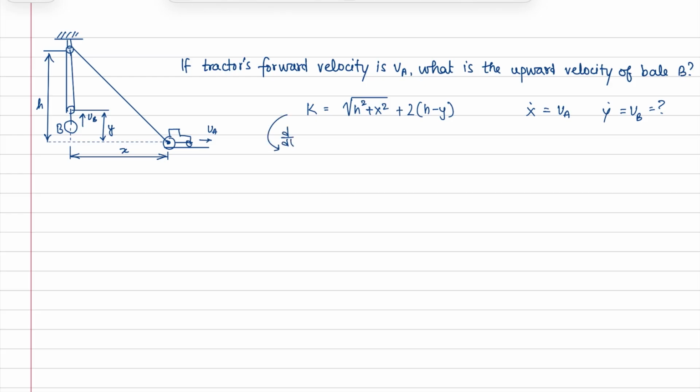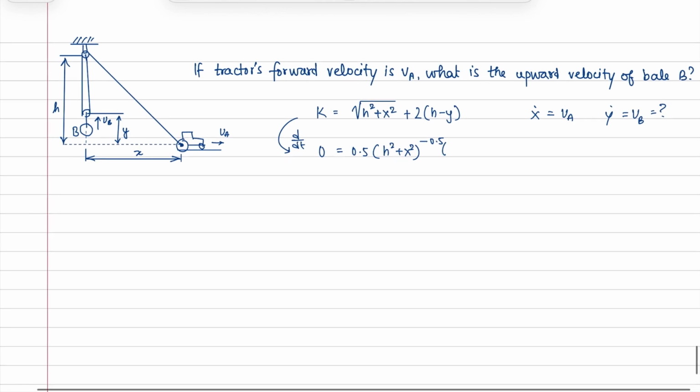So if we were to differentiate this, you get 0 is equal to, now this here is h squared, this is a constant, plus x squared, and x is a variable. So if I were to do this using the chain rule, I would get 0.5 times h squared plus x squared raised to minus 0.5. And then I have to differentiate x squared. So 2x, and then this with x dot. This much minus, this goes to 0.